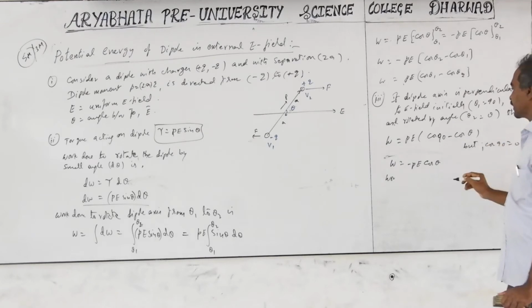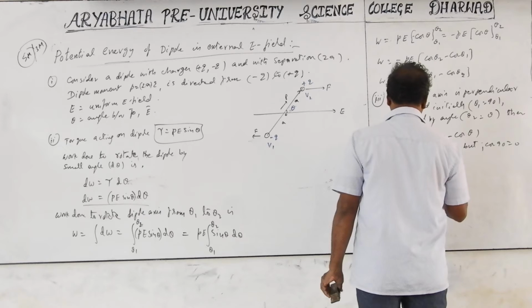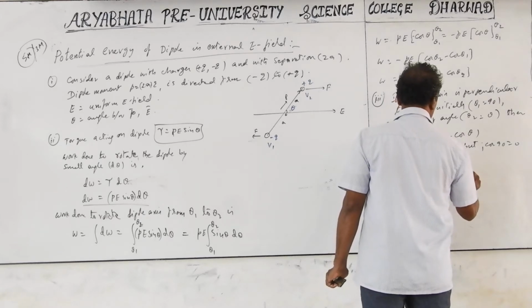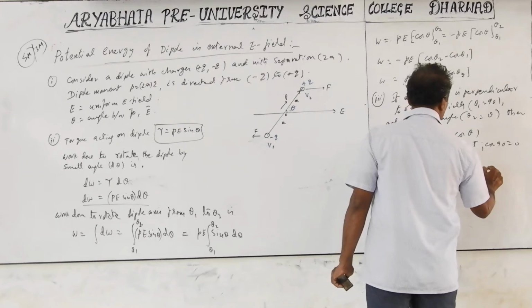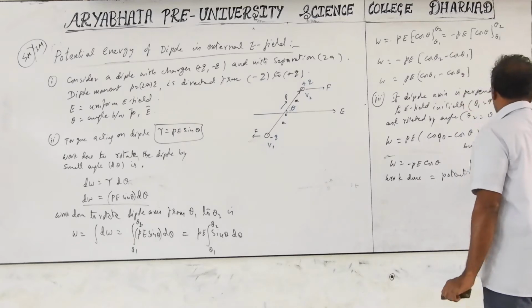For the position onwards you are taking, work done is equal to potential energy. If it is rotating, kinetic energy, but at a stationary position, potential energy.